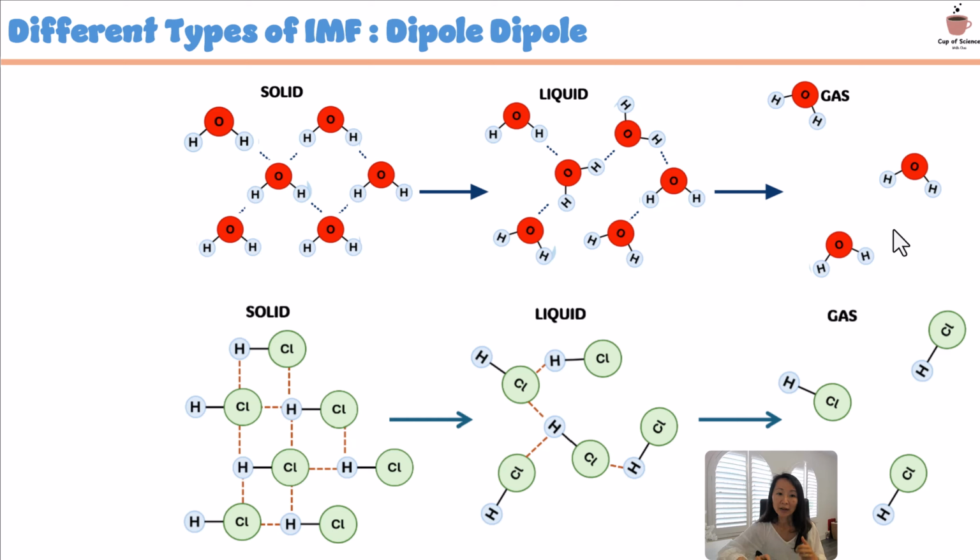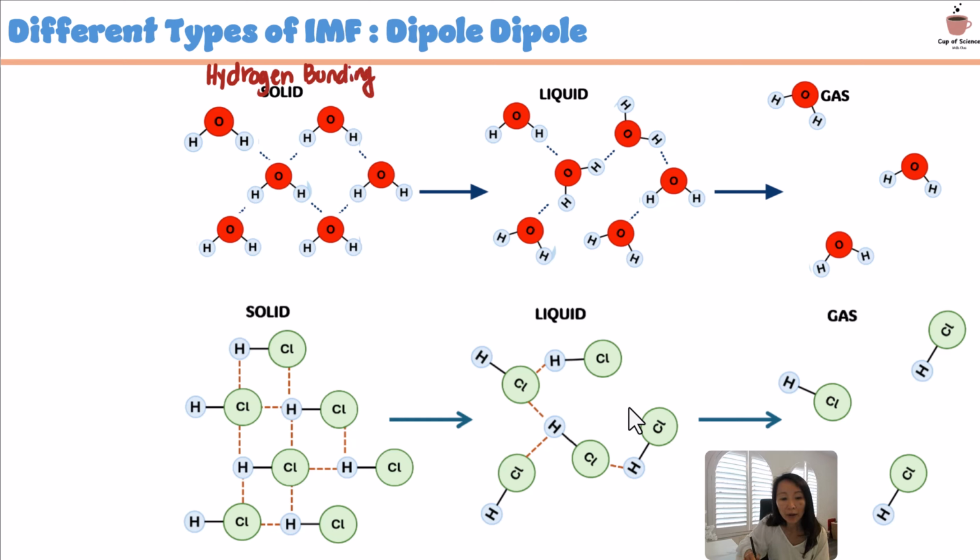Let's compare water, which goes through hydrogen bonding, versus HCl, which goes through dipole-dipole. That's this one here. So the top one goes through hydrogen bonding. So let me write that. Hydrogen bonding.